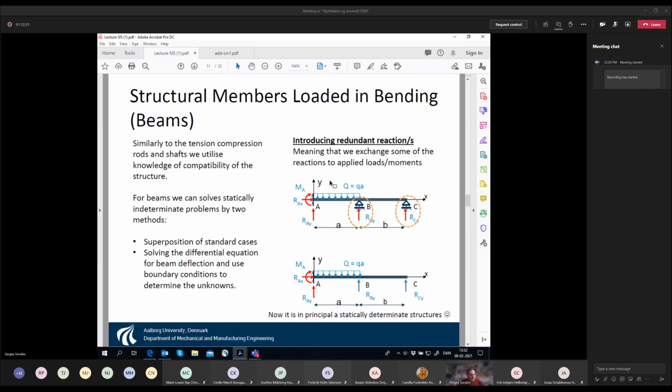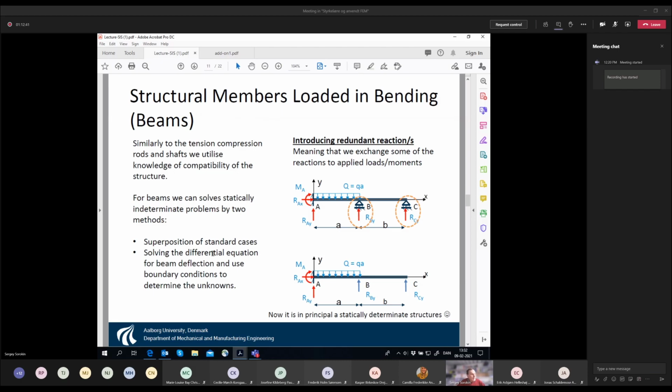And the train applies this transverse force, and then you have a huge redundancy. You have many more reaction forces than you have equations of equilibrium. So then, how do we do it?